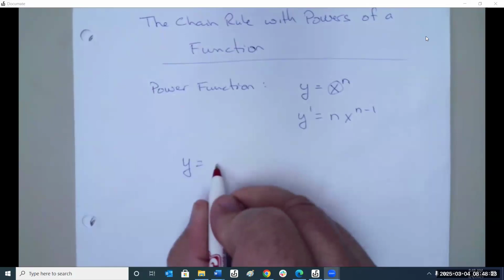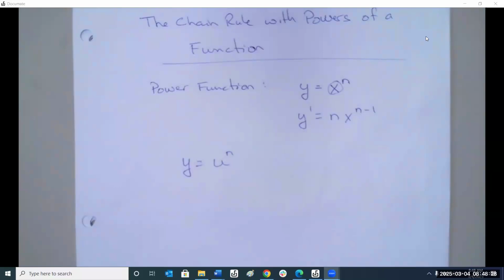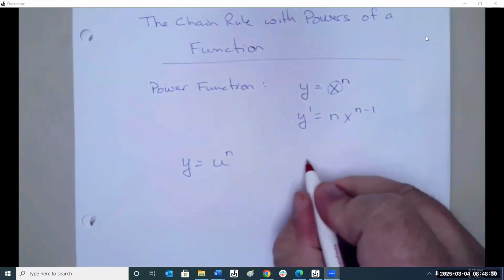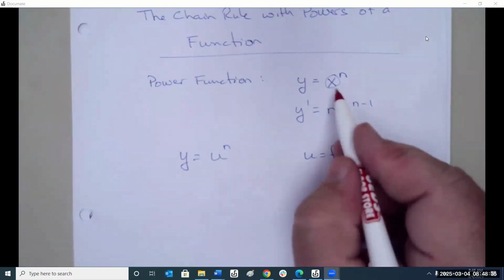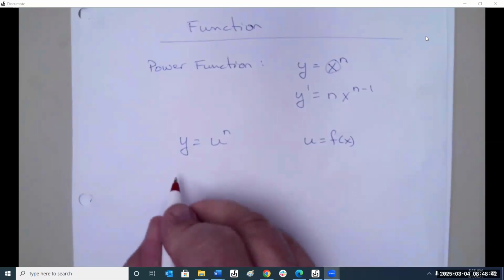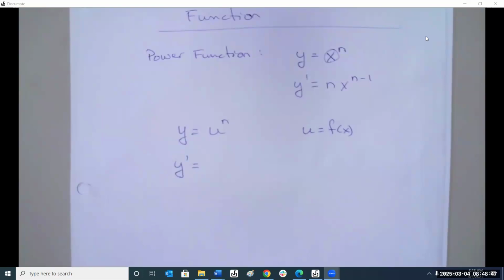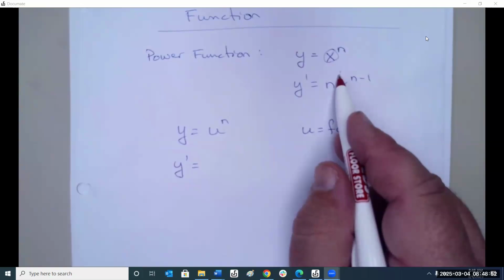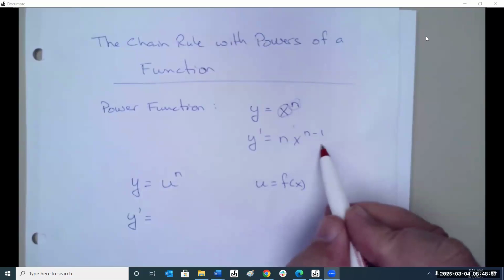Now, what if the base is a function of x, where u is equal to a function of x? It's no longer just x, it's an equation. So how do we find the derivative of a power function using the chain rule? Well, the same way. We took the power down as factor 1.